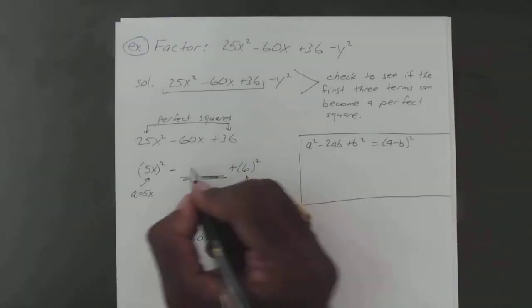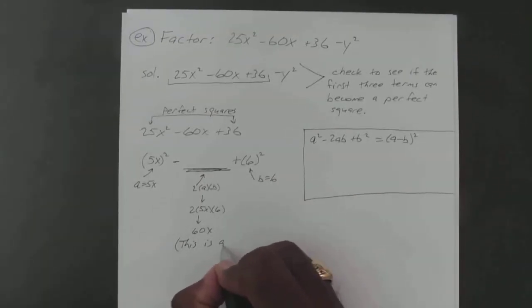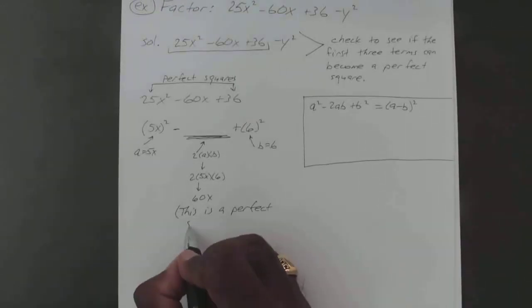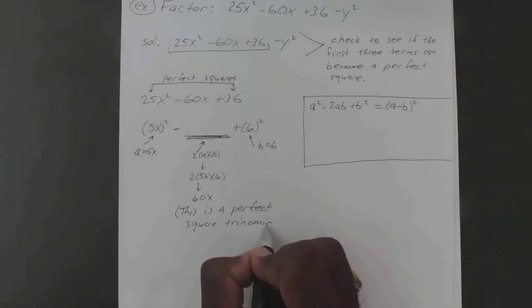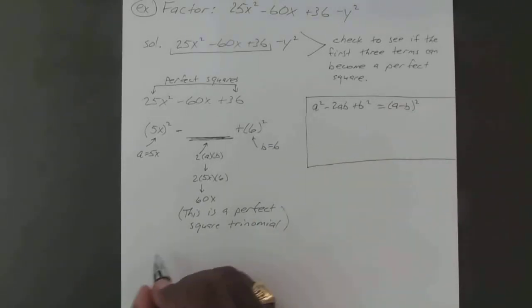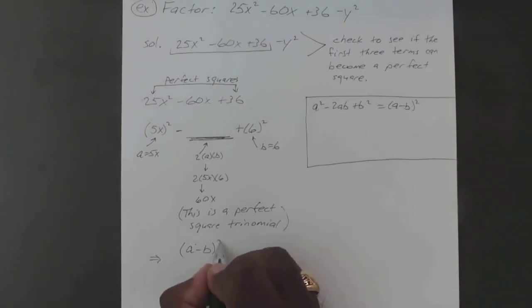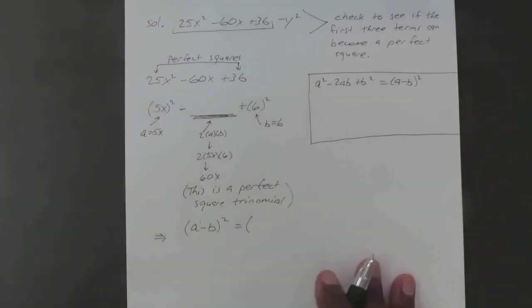So this is a perfect square trinomial. Because it's a perfect square trinomial, it's going to equal a minus b squared, which is just going to be 5x minus 6 squared.